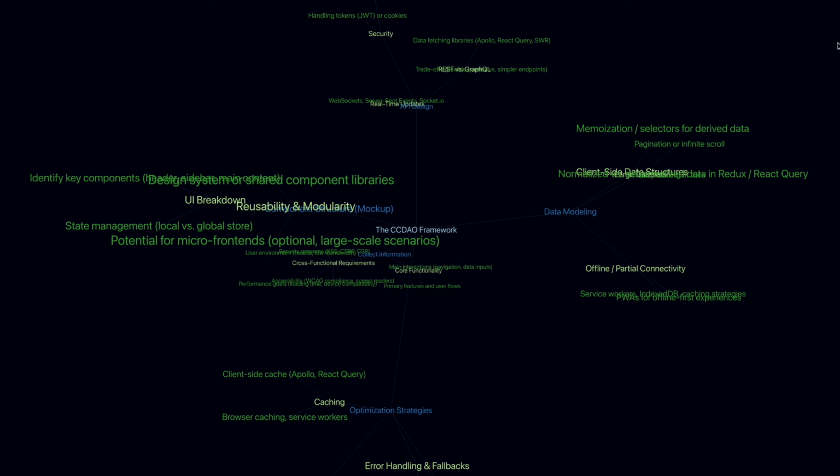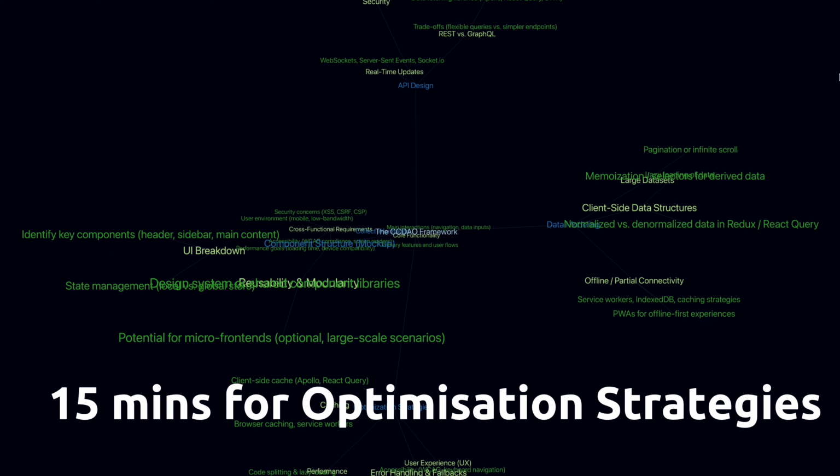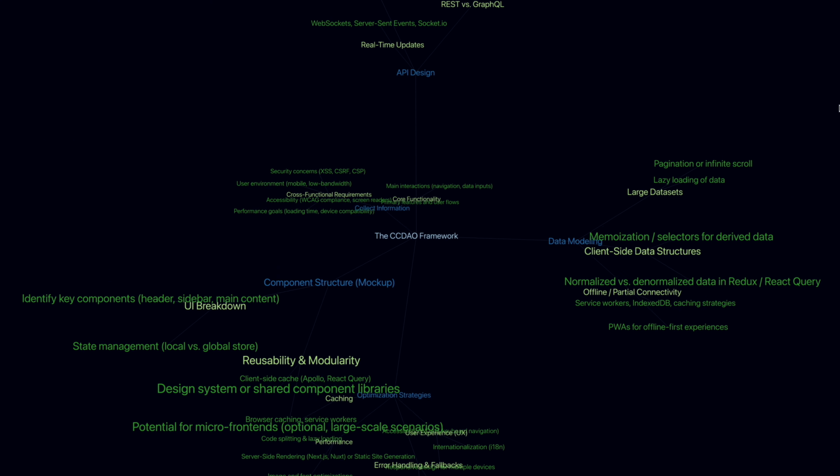And finally, you will need 15 minutes for the optimization strategies, because I think that's very important. And when you prepare it, you need to think beyond the happy path. You will need to think at a system level, not only directly implement the feature itself.